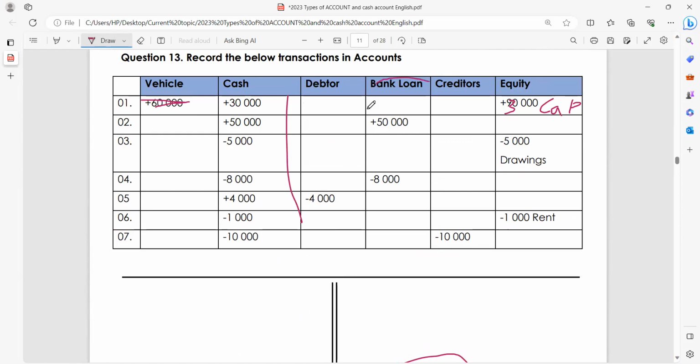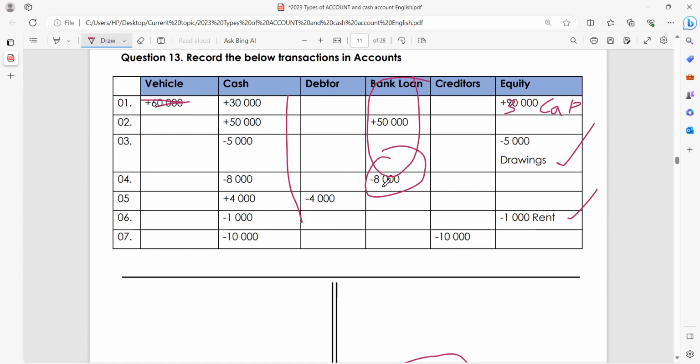Bank loan has 2 transactions, so you open only one bank loan account, not 2. But under equity, you have 3 different items: capital, drawings, rent. So you can't open one account; it is 3 accounts. Cash account, one account for many transactions.